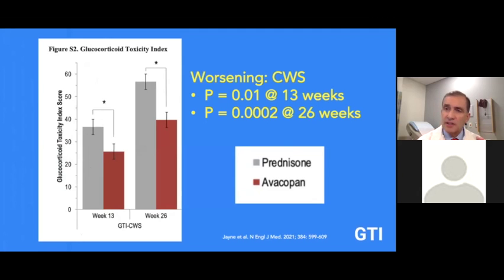And what one can see is that as early as 13 weeks, and then maintained at 26 weeks, the new drug avacopan was associated with less new steroid toxicity than standard of care. And this was highly statistically significant. So the GTI reflected in this context the reduced glucocorticoid use that was called for by the protocol.